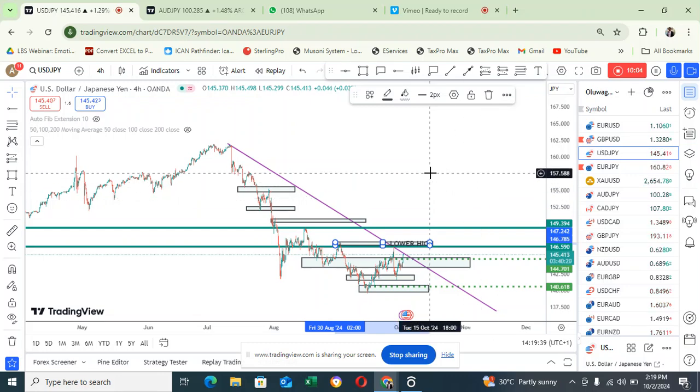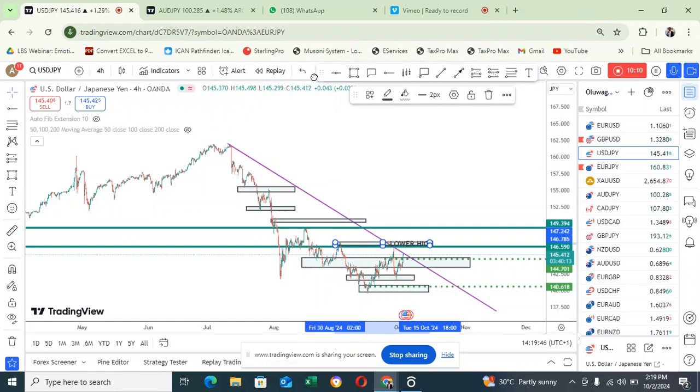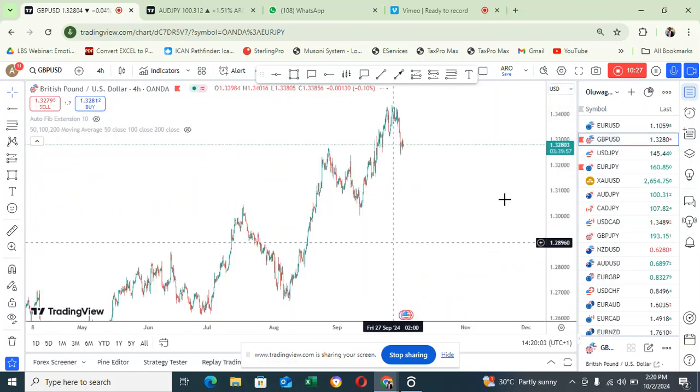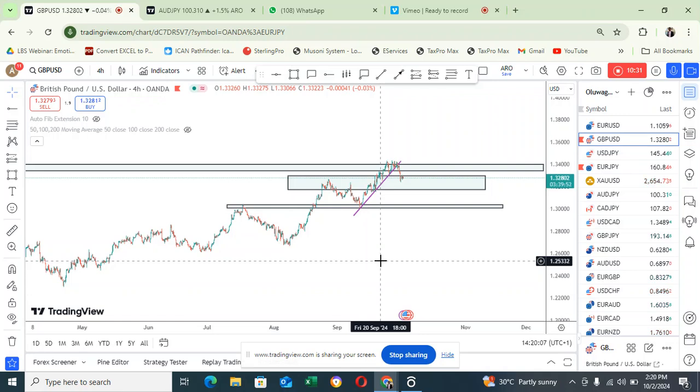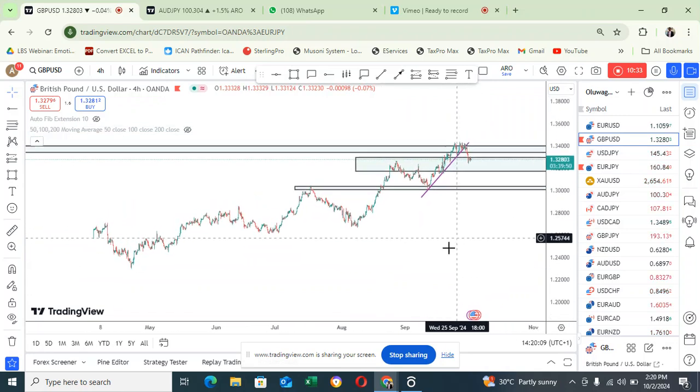So another one I'm going to be sharing is how to identify the uptrend. Don't forget we are talking about how to identify market structure. So I'm going to look for another currency pair to explain this upward movement.